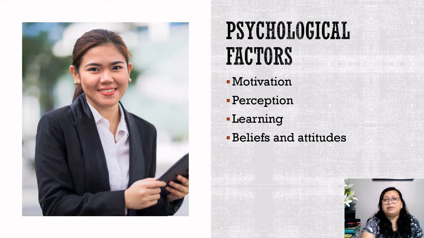Meanwhile, people have attitudes regarding, say, religion, politics, clothes, music, food, and almost everything else. Attitude describes a person's relatively consistent evaluations, feelings, and tendencies towards an object or idea.